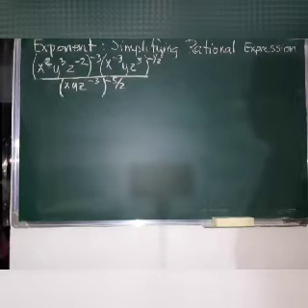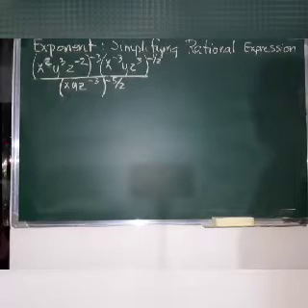Example number 3, we have here x squared y cubed z raised to negative 2 raised to negative 3 multiplied by x raised to negative 3 y z cubed raised to negative 1/2 all over x y z raised to negative 3 raised to negative 5/2.